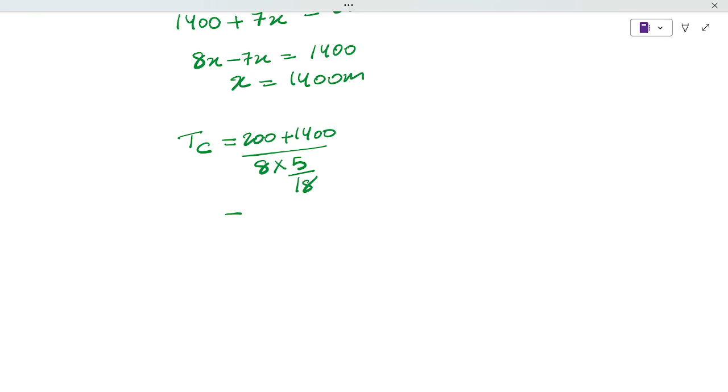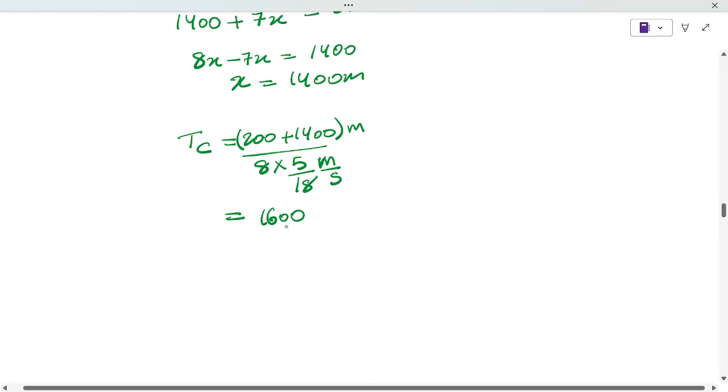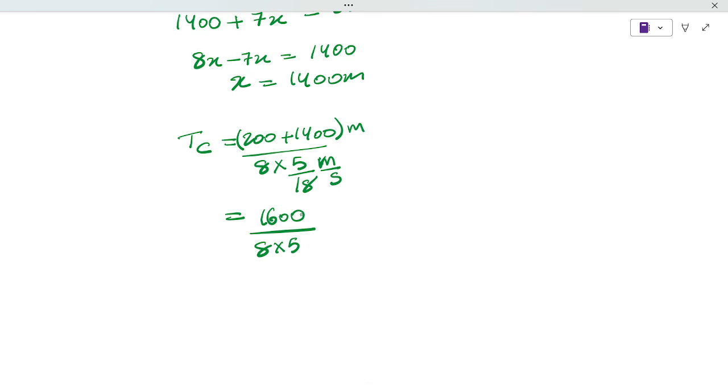Now the distance is in meters and speed in meter per second, so we'll get time in terms of seconds. Do not worry, because the question is asking for minutes, we'll convert it later. So 200 plus 1400 will give us 1600 divided by 8 into 5, then reciprocal, 18 will come up.